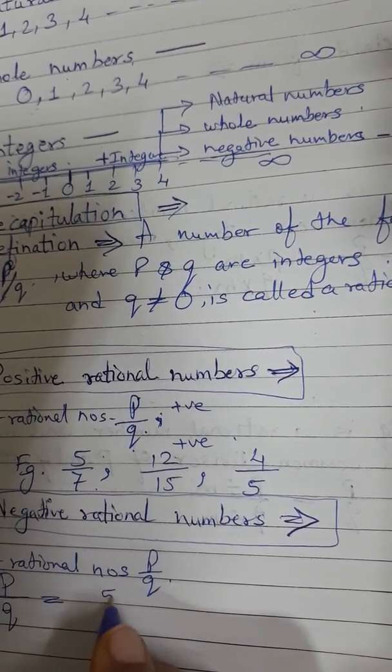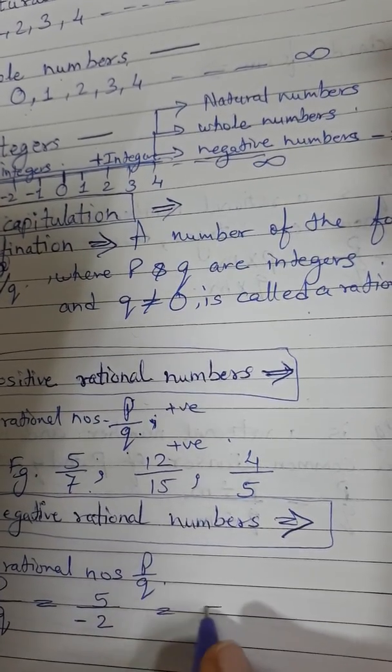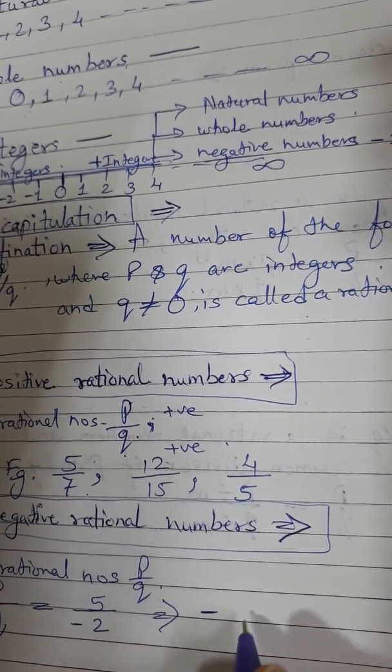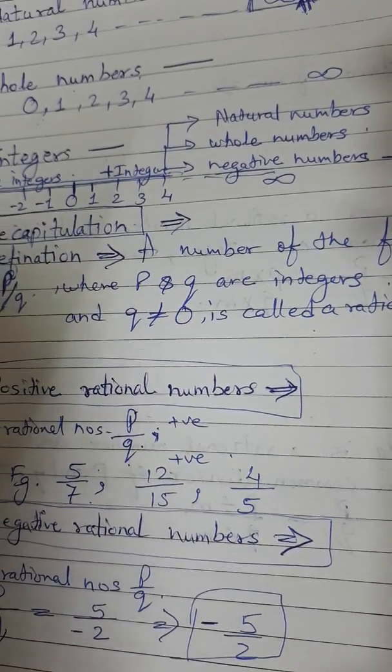For example 5 upon minus 2. So this is a negative rational number.